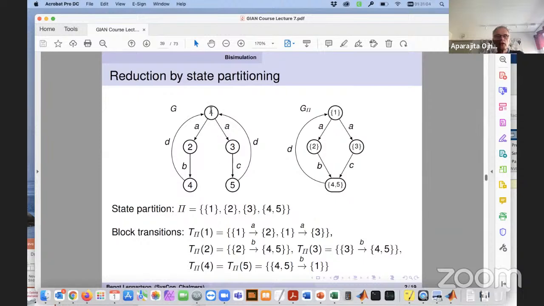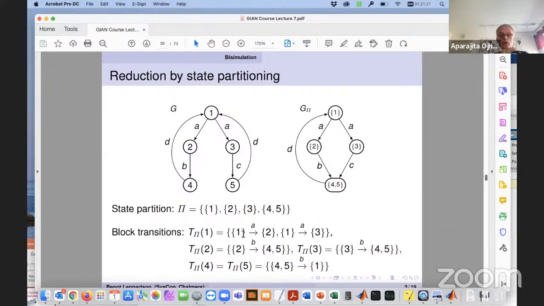Well, if I look here, I have a transition from 1 to 2 with an event A, and that means that I describe this as a transition from 1 via the event A to state 2.